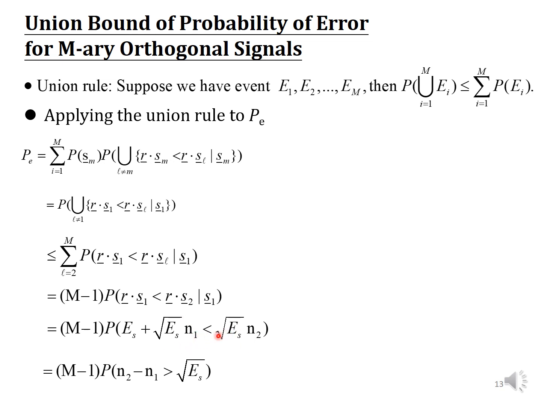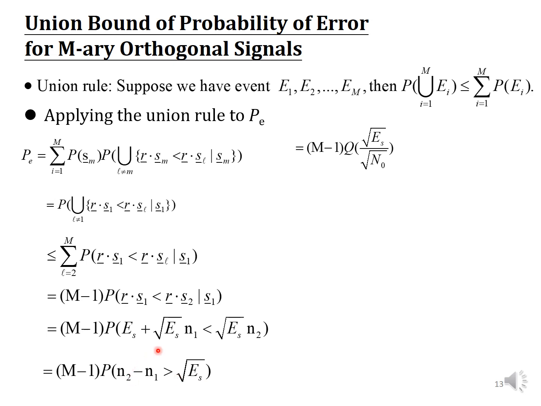This is equivalent to the probability that N2 minus N1 is greater than square root of Es, right? As we have derived, this probability is a Q function. This is a random variable, and we want the area that is greater than this value, square root of Es.